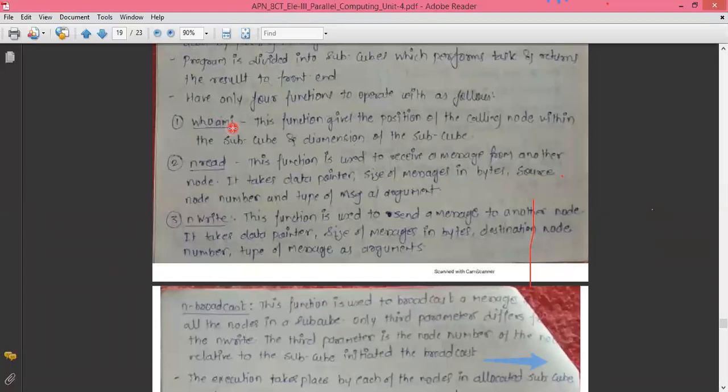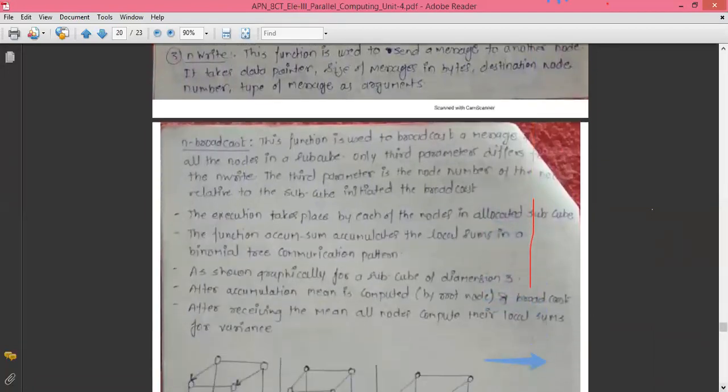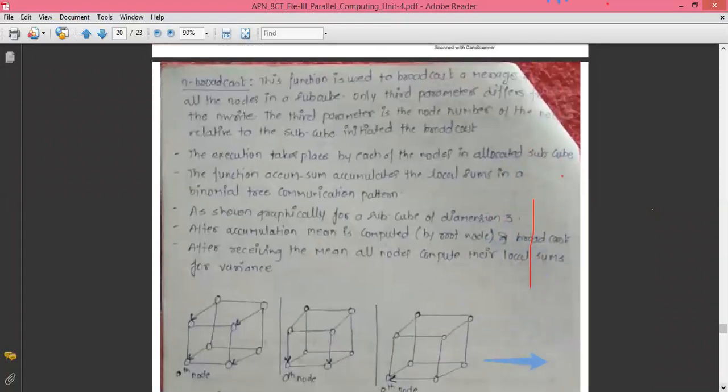The next function is nread. Nread means continuous communication is going on. As you can see in the diagram, the arrows show the communication. So each and every node is communicating with each other.